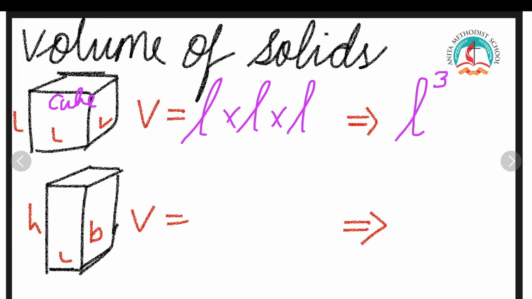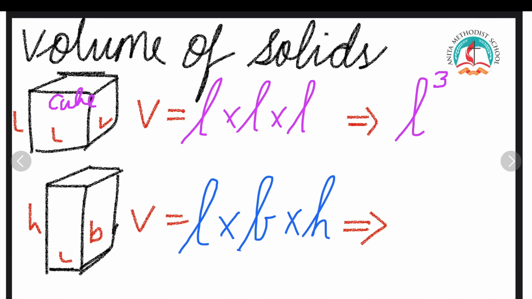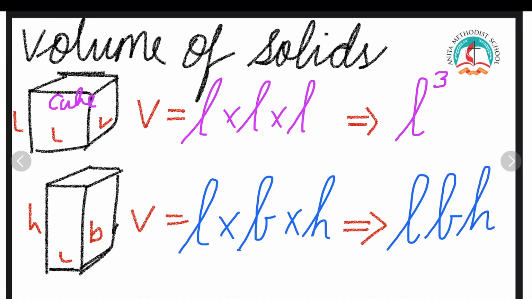And then for cuboid, we have length into breadth into height. Length into breadth into height. So we can write the formula as L B H. So with the help of these two formulas, we can calculate the volume of the solids.